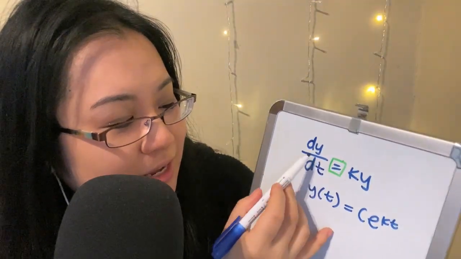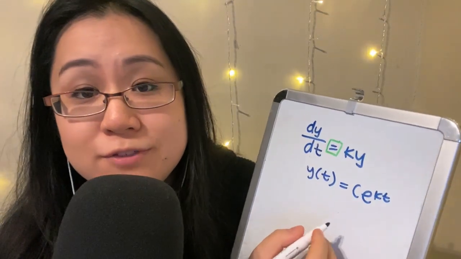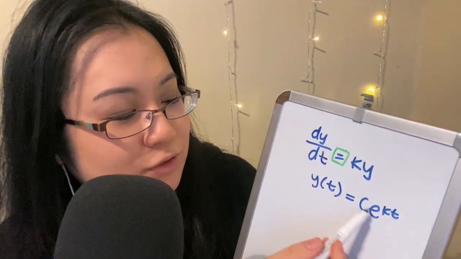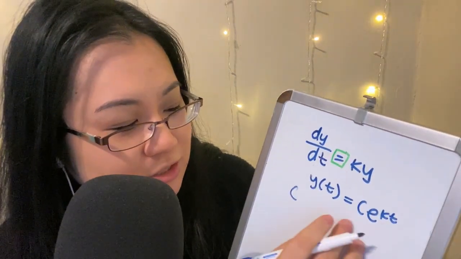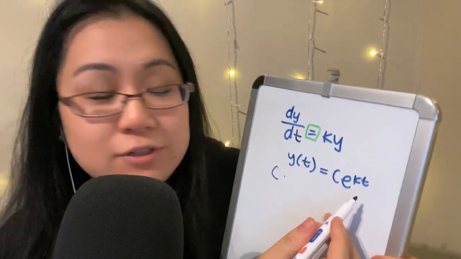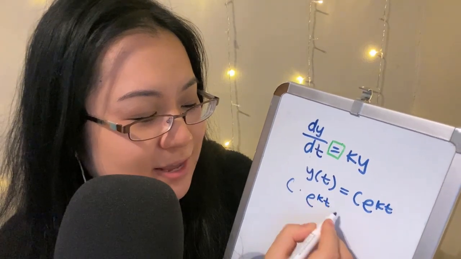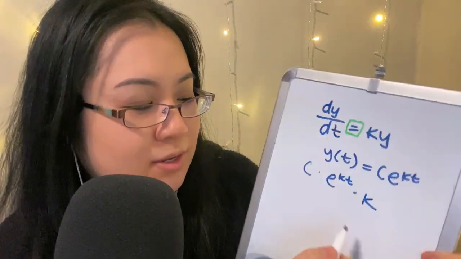When I take the derivative with respect to t here, I'm going to have to use the chain rule, just to confirm this. So the first derivative is going to be, I can just pull out that c, that's just a constant anyway. The derivative of e to the stuff is going to be e to the stuff. But then you have to chain in this k, right?